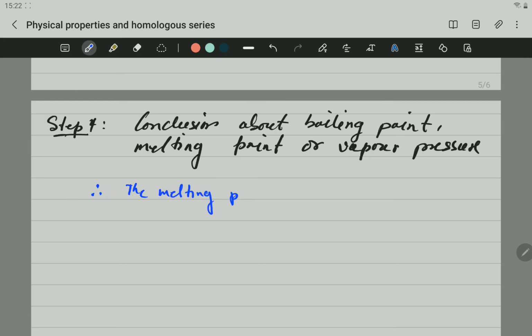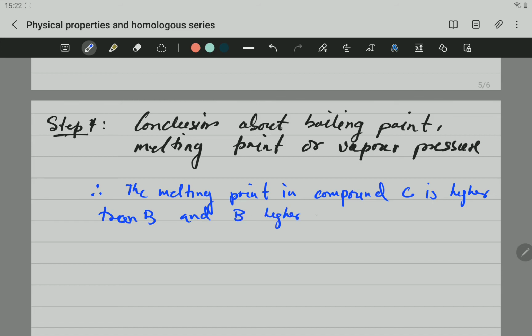The melting point in compound C is higher than B and B higher than A. This is the answer to the question.